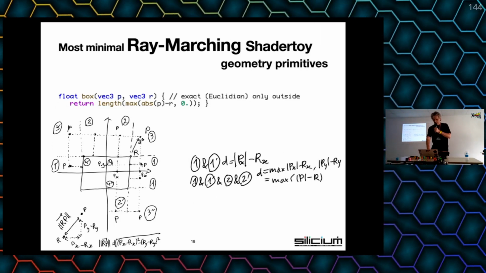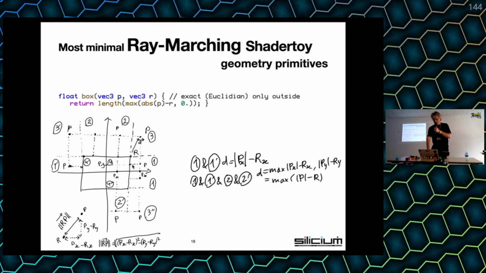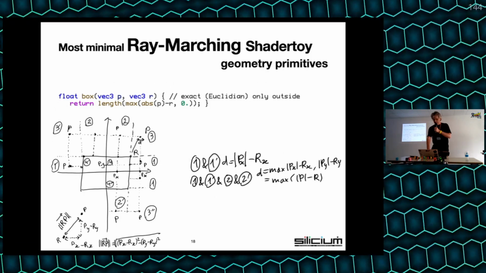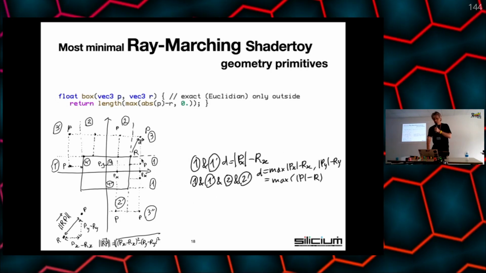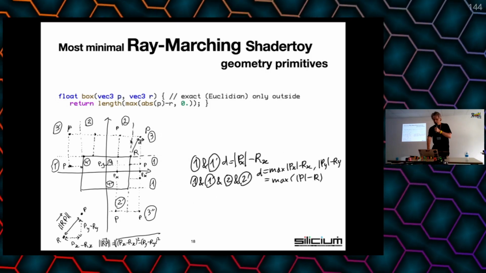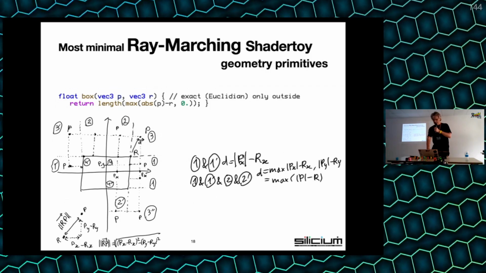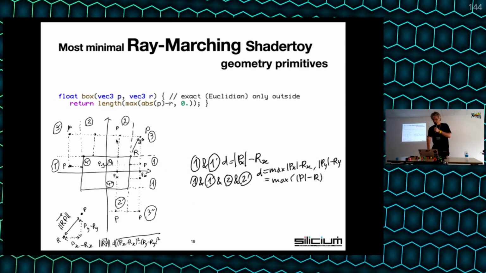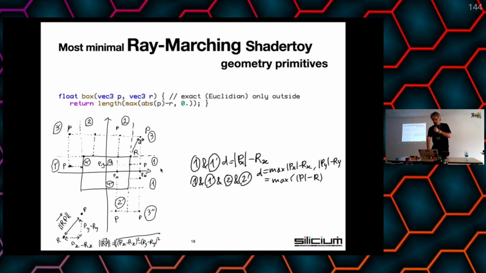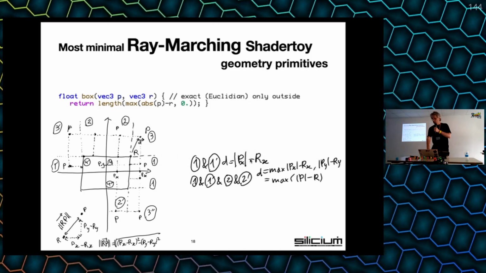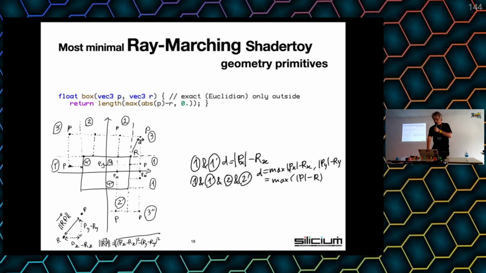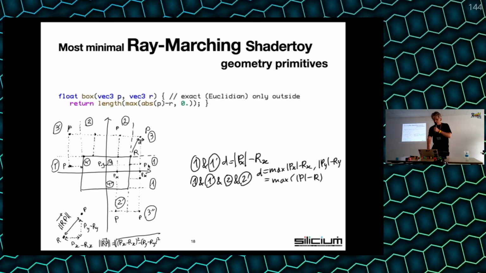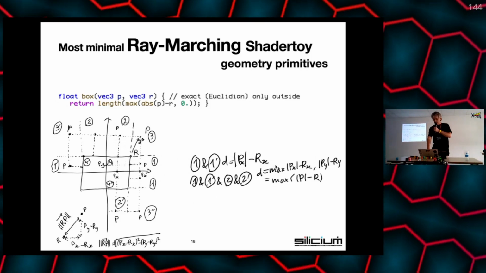What I mean is that when we are in this region, the x-coordinate is larger than the width of the rectangle, but the y-coordinate is smaller than the height of the rectangle. Because if both were larger, we would be in this region. Which means that if we take this expression for the x-axis and the y-axis, when we are either here or here, what is going to be true is that the largest of those two calculations is going to be the right one. So if we do the maximum of those two calculations, the one for the horizontal case and the one for the vertical case, the maximum will be the right number.